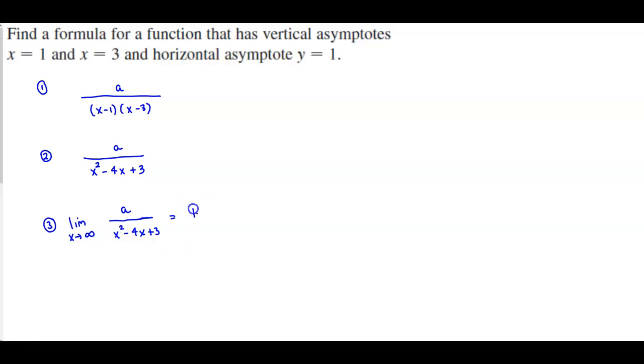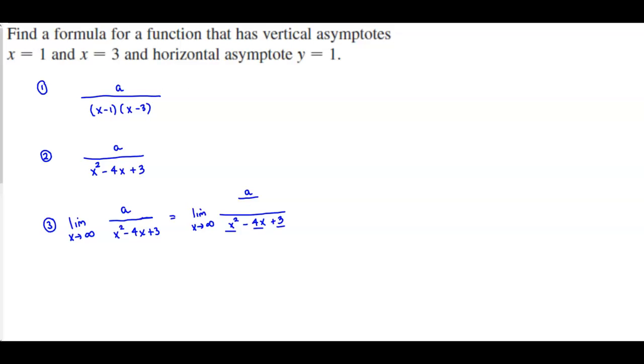So when we want to evaluate the limit of this function as x is approaching infinity, we're going to take the numerator a and divide that by x squared. We're going to take the denominator, each term is also going to be divided by x squared.